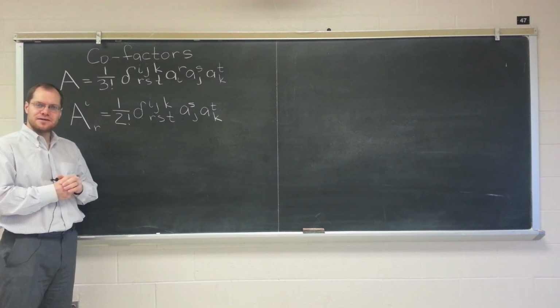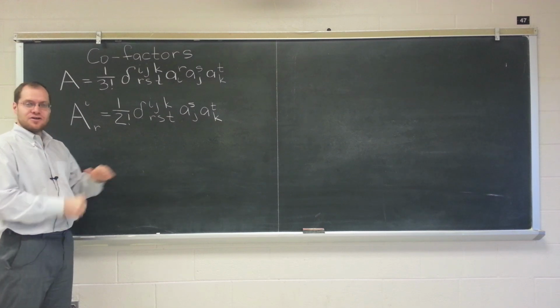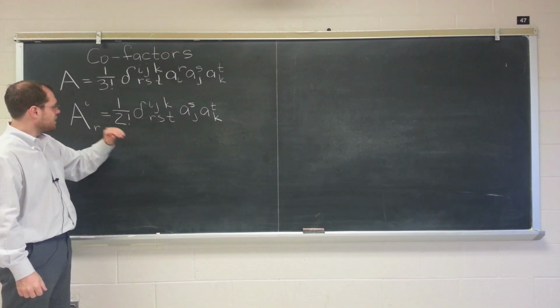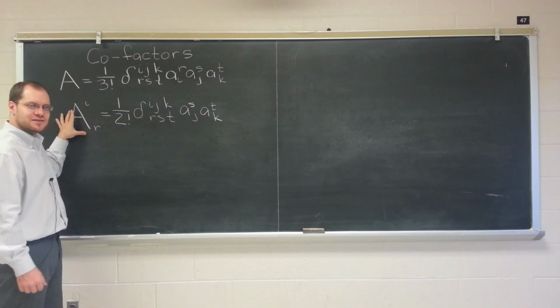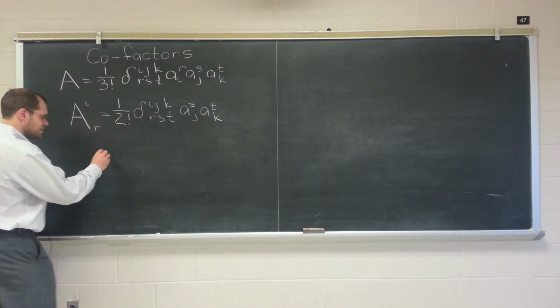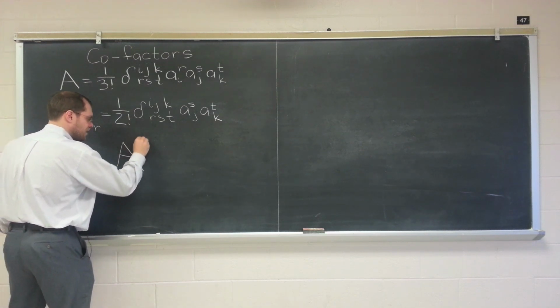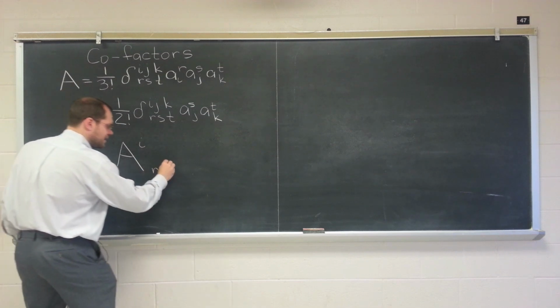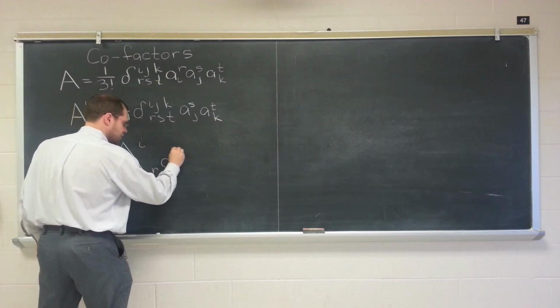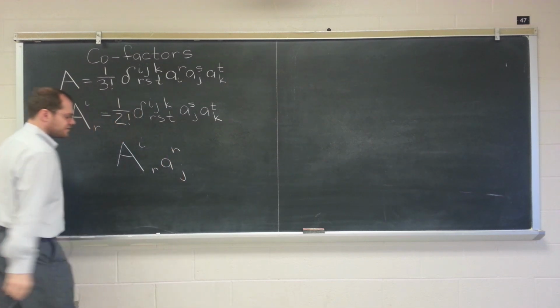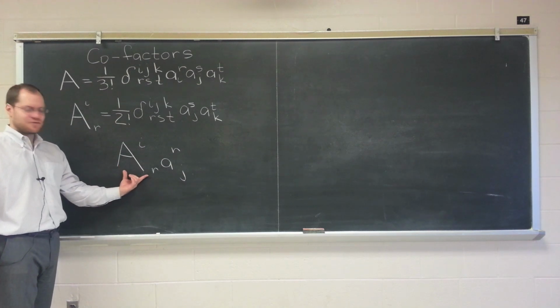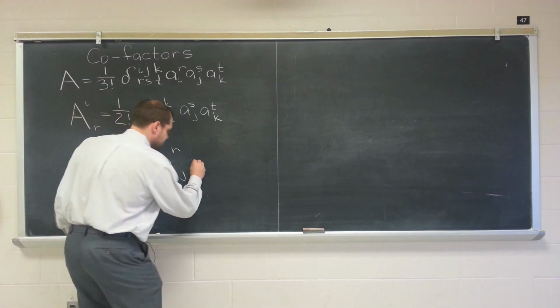And what are its properties? So let me just write down the first property. The first property is that it's almost the inverse. Here's how it works. If we were to multiply AIR by ARJ, if this was truly the inverse, we would get delta IJ.